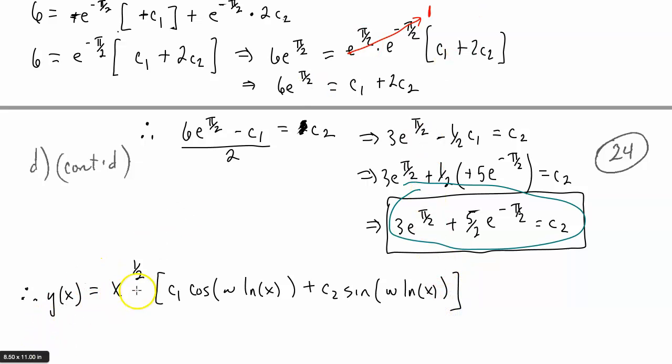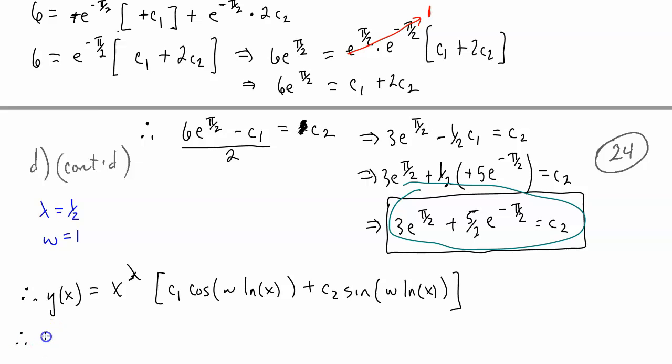And I'll go ahead and replace this with lambda again. Right, so that is lambda. And I'm just going to record everything again. So remember, our lambda was 1/2, our omega was 1, and of course we already got what our c1 and c2 are.